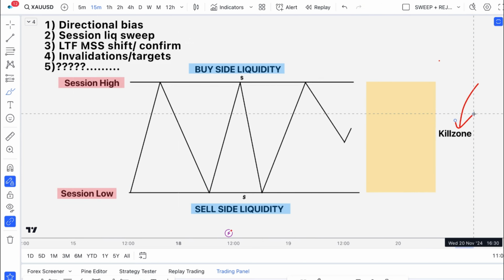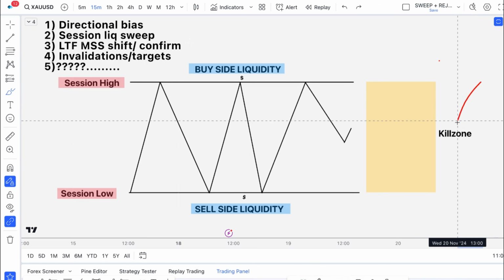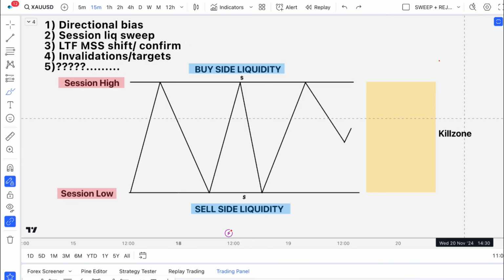So this could be during the London kill zone, which is from 8 a.m. until 10 a.m. GMT, or this could be the New York kill zone, which is between 1 p.m. and 3 p.m. GMT. Make sure to translate that accordingly if you do need to, okay, if you are from another time zone.